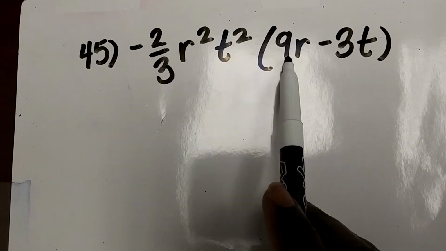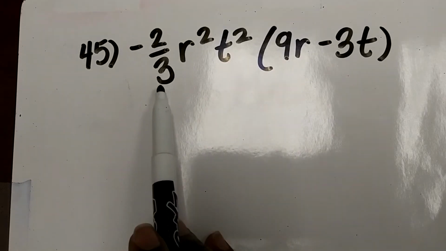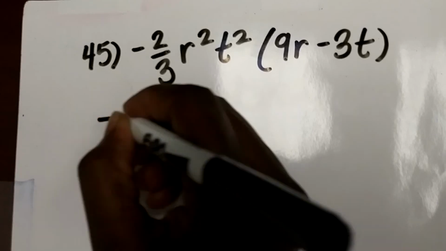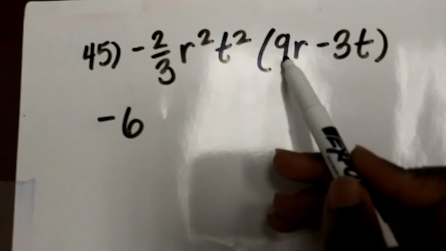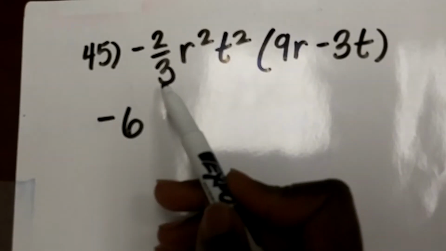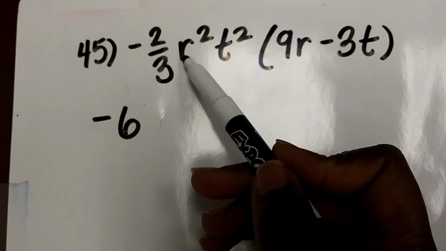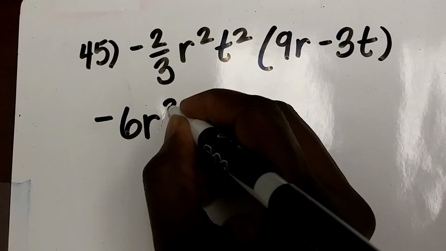Negative 2 times 9 is negative 18. Negative 18 divided by 3 is negative 6. Now count your r's. I have r squared times r to the third.